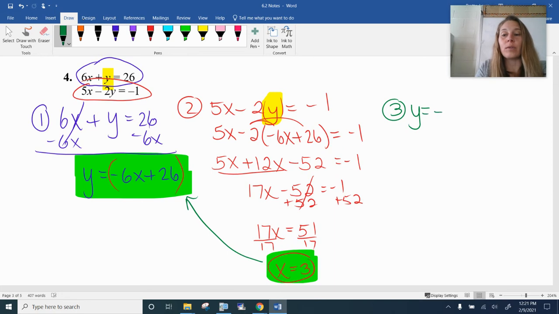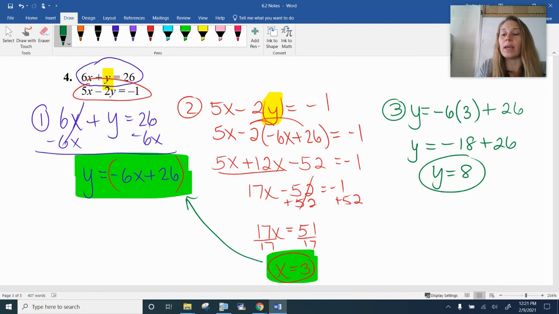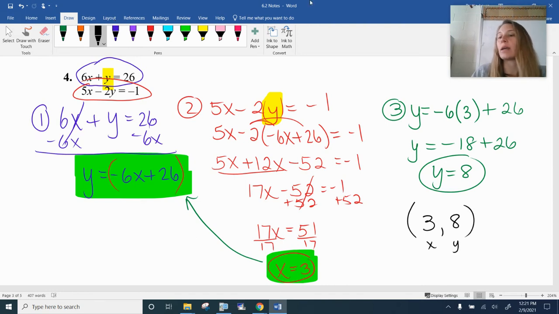So y equals negative 6 times x, which is going to be 3, plus 26. Negative 6 times 3 is negative 18. When we add that to 26, we get positive 8. And that would make my solution here positive 3, positive 8. That would be my xy ordered pair for this particular problem.